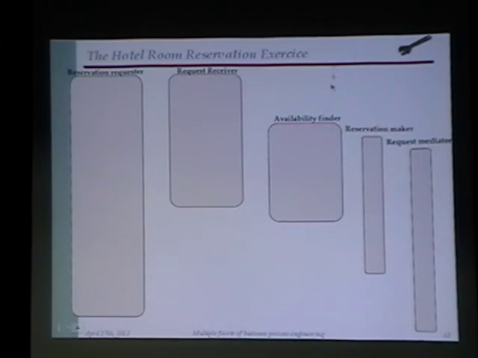Another actor which will be in charge of making the reservation and updating the planning of the rooms, and a request mediator that will be in charge of mediating the situation if the reservation cannot be satisfied, because the aim is to keep the customer.